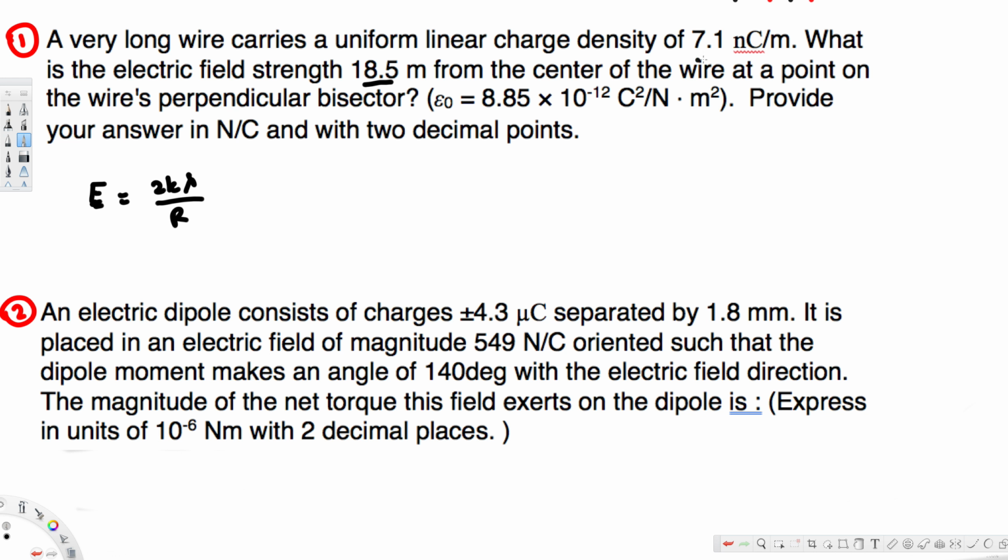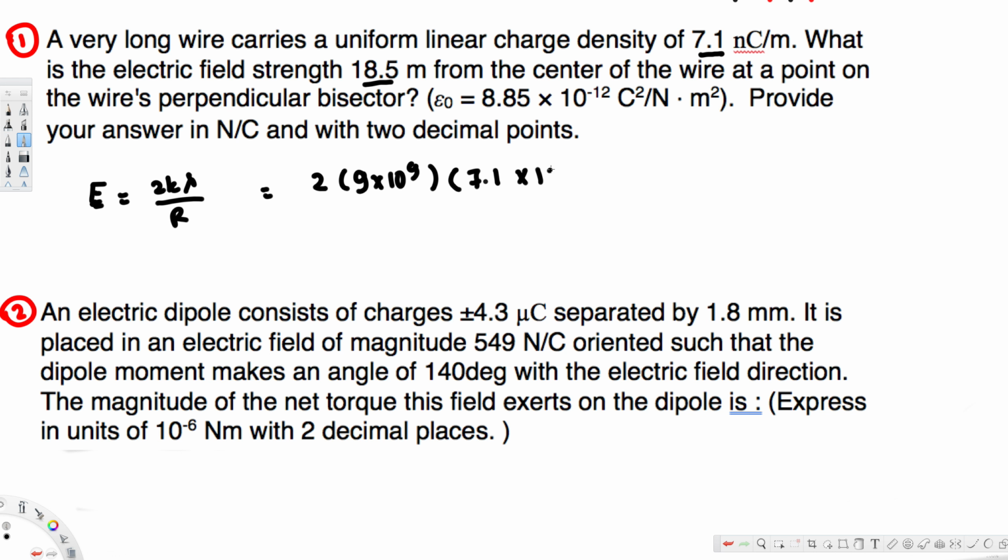So we have everything available, right? Linear charge density is here, distance is here, and all we have to do is just plug in the values. For Coulomb's constant, you can use 9 times 10 to the power of 9. So 2 times 9 times 10 to the power of 9 times linear charge density, which is 7.1 nanocoulomb.